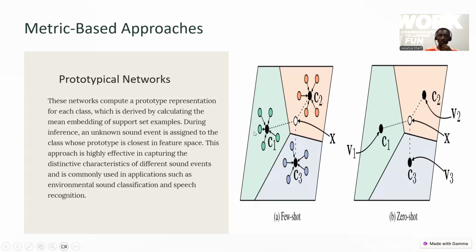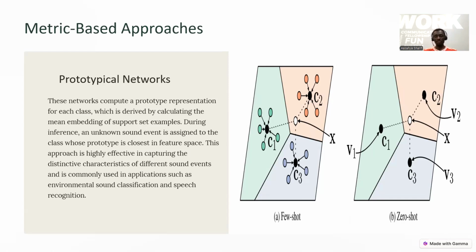Then next are the metric-based approaches, where we have the prototypical networks. Now the prototypical networks categorize various sets into prototypes, which use a mini feature embedding.